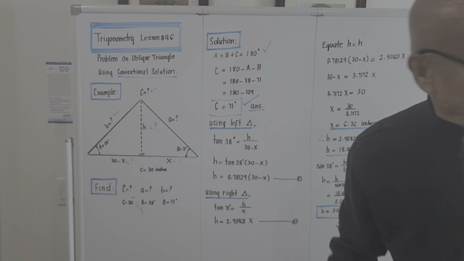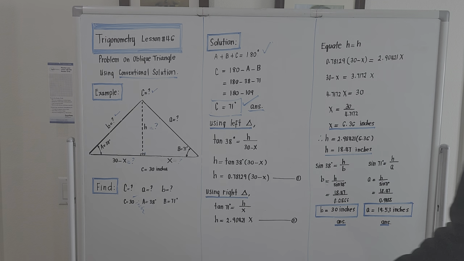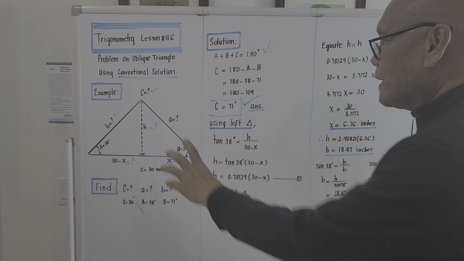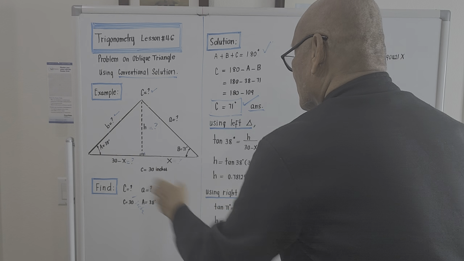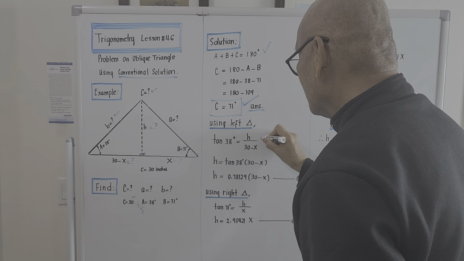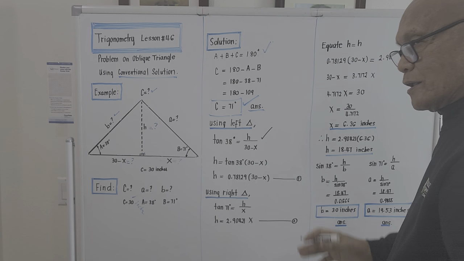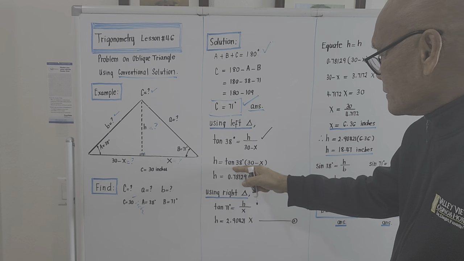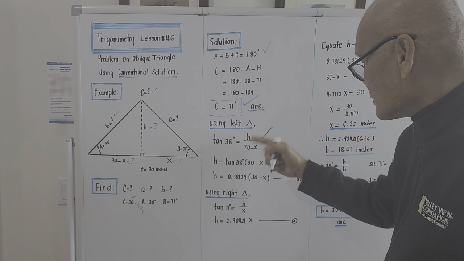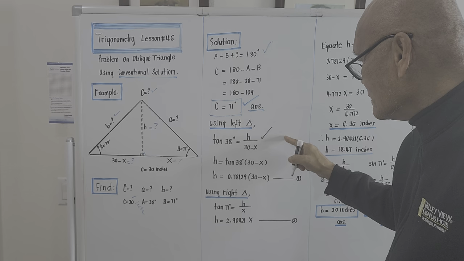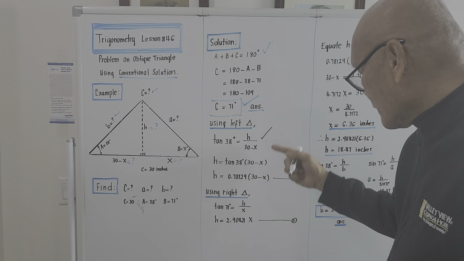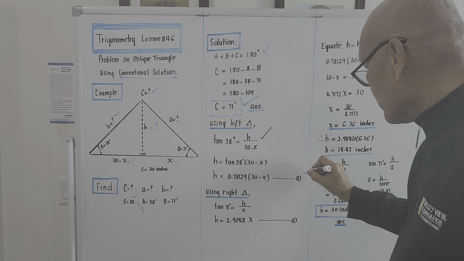So if we take the tangent of 38 degrees, it should be h all over 30 minus x. We are not using the sine law, right? So h now will be the tangent of 38 degrees times the quantity 30 minus x, or h is 0.78129 times the quantity 30 minus x. We call this equation number 1.